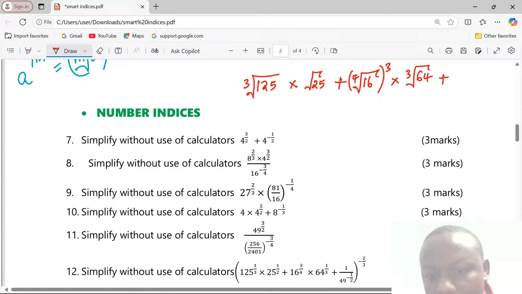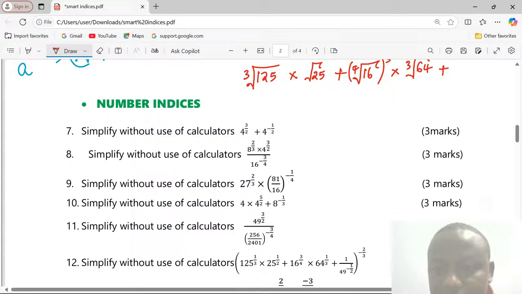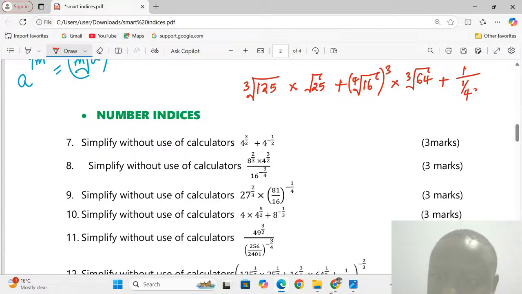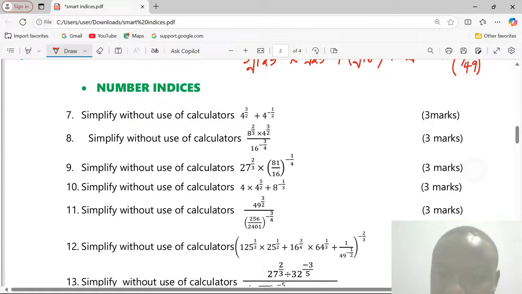Then plus, we're having 1 over 49 to the power negative half. At that point, we shall have 1 divided by, now for 49, we need to take 1 over 49. It has been raised to negative half.